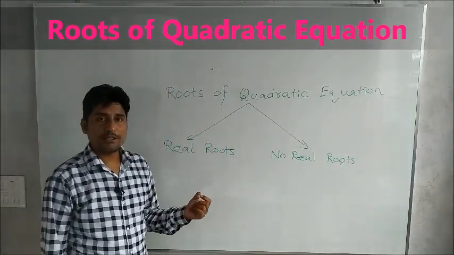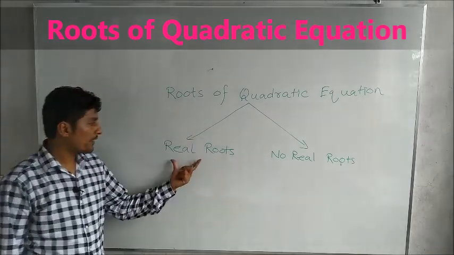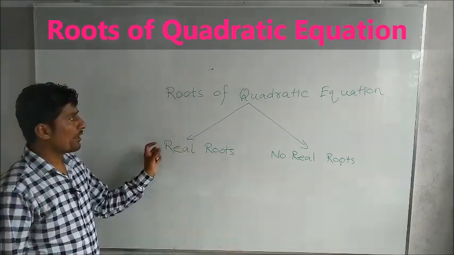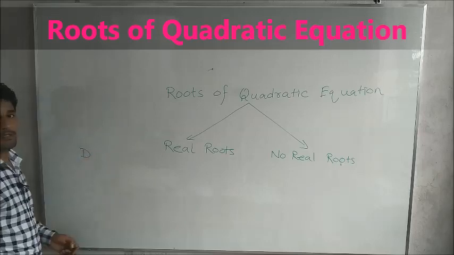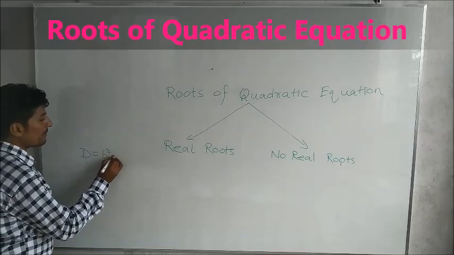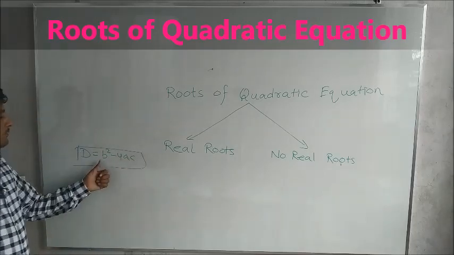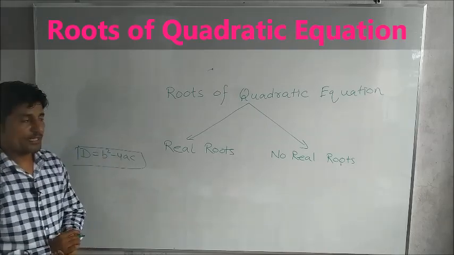So how to find out whether the given quadratic equation will have the real root or no real root? The roots of the quadratic equation depends upon the value of d, means discriminant. Just now I explained d equals to b square minus 4ac. We can find out the value of d by using the formula b square minus 4ac.